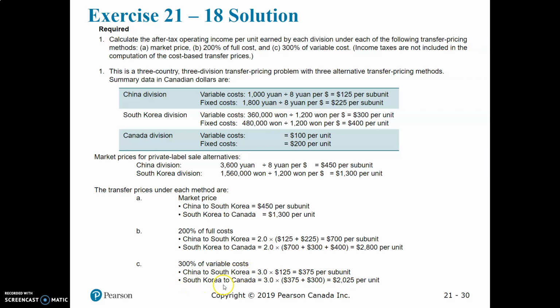When South Korea moves their units over to Canada, they will get 3 times 375, which is what it costs them to get the units from China, plus another variable cost of $300. So 3 times the total of 375 plus 300 gives us $2,025 per unit.